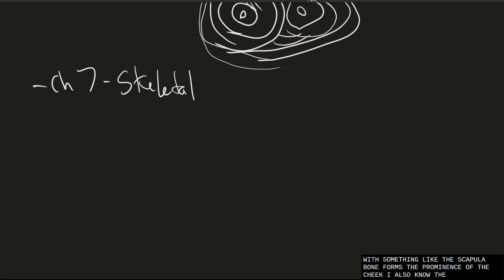Know the different curvatures of the spinal column. So like a lateral curvature is scoliosis, and you can have hunchback, kyphosis, and you can have lordosis, which is pot belly. Remember the keystone bone, again, is that keystone bone.